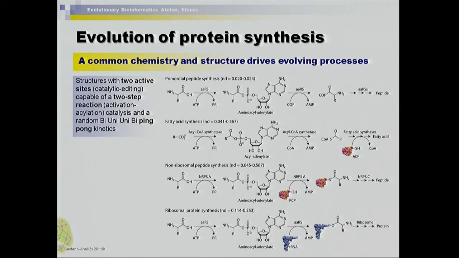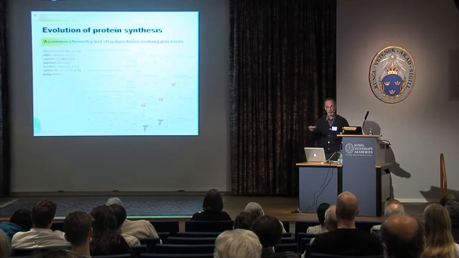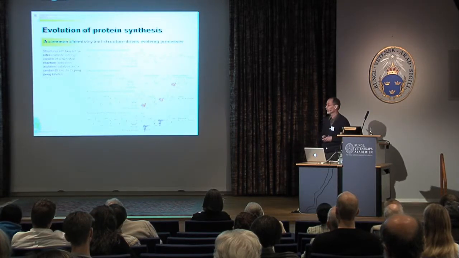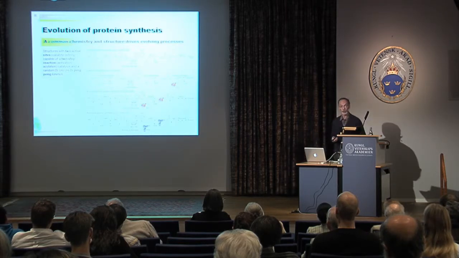And given this progression, we now postulate that the evolution of protein synthesis proceeded first by developing this two-step aminoacylation reaction, that turns basically amino acids into primordial peptides, and that uses class 1 and class 2 aminoacyl tRNA synthetase enzymes for that purpose, which very recently have been discovered to have the ability to produce the peptide reaction, but produce small little polypeptides.